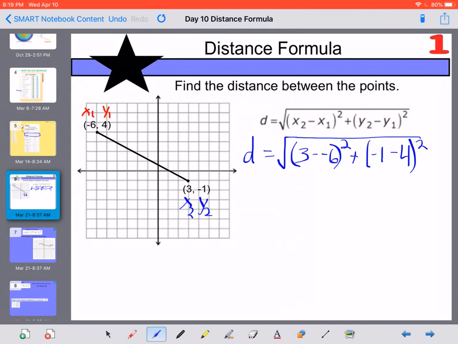So now we got to solve this. d equals the square root. 3 minus -6 is going to change to a plus, so it becomes 9 squared, plus -1 minus 4, well, that's going to be -5 squared.